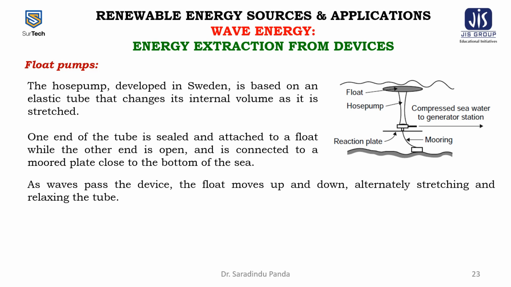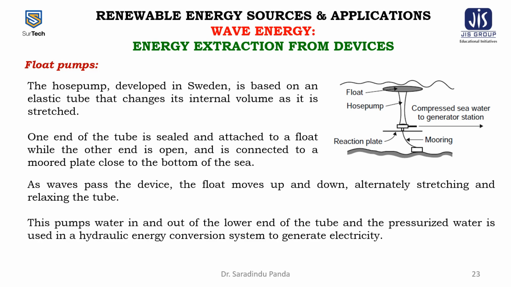As waves pass the device, the float moves up and down, alternately stretching and relaxing the tube. This pumps water in and out of the lower end of the tube. The pressurized water is used in a hydraulic energy conversion system to generate the electricity.